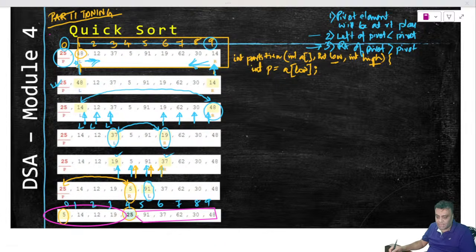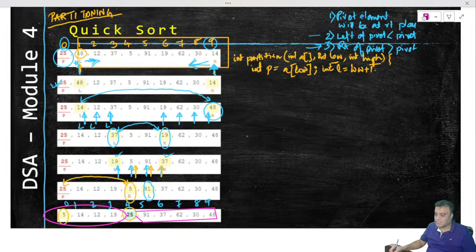So P is there. Now let's take the left pointer. Our left pointer is int L, and int L will be equal to our low plus 1, because our left pointer we have started from the lower bound plus 1. If you see here, we have started L from lower bound plus 1. So low plus 1.